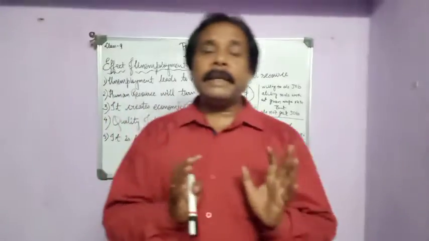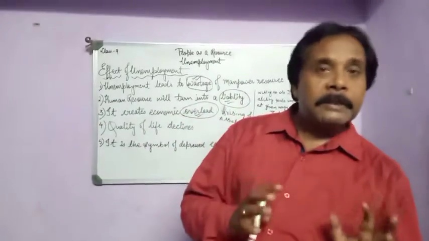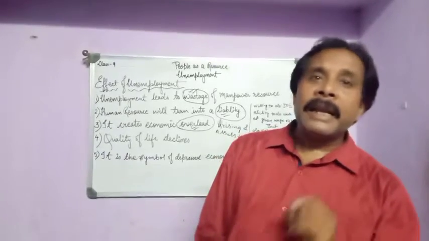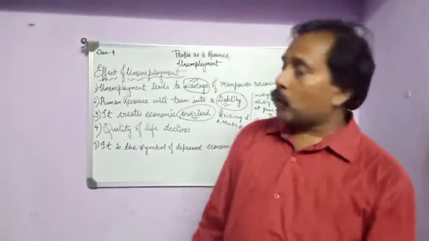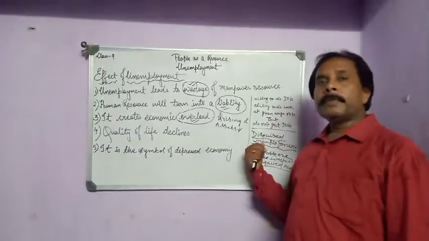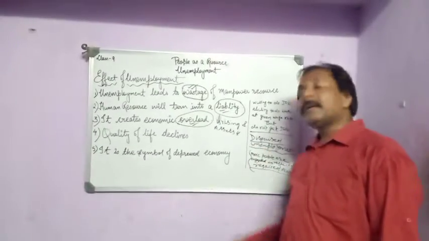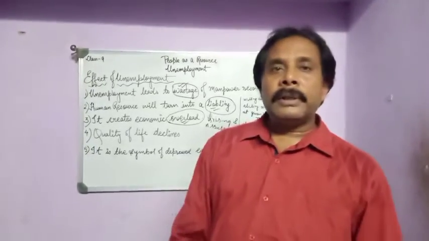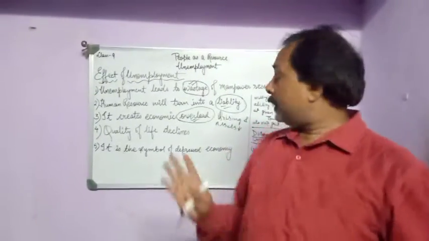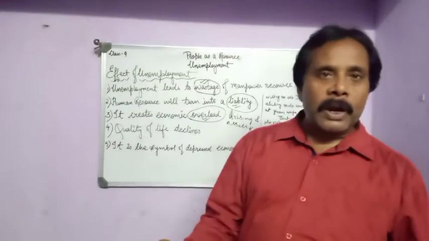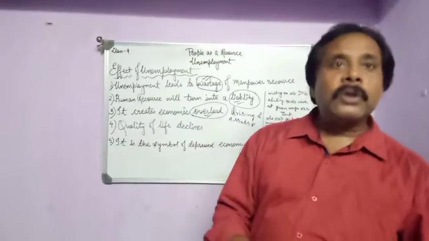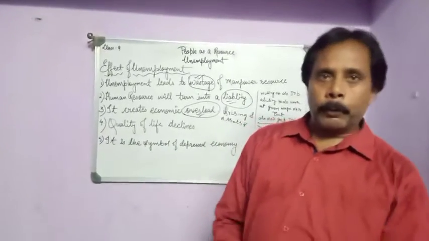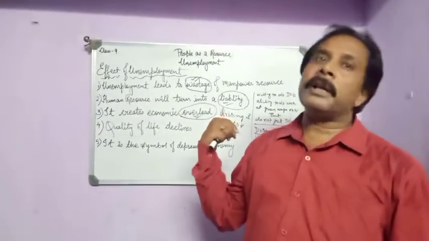Basically disguised unemployment is present more and more in the primary sector or agriculture sector. So one question again arises, what do you mean by disguised unemployment? Is it clear? That is very easy. More people are engaged than required. If we remove some people, there will be no change in output. That is known as disguised unemployment.